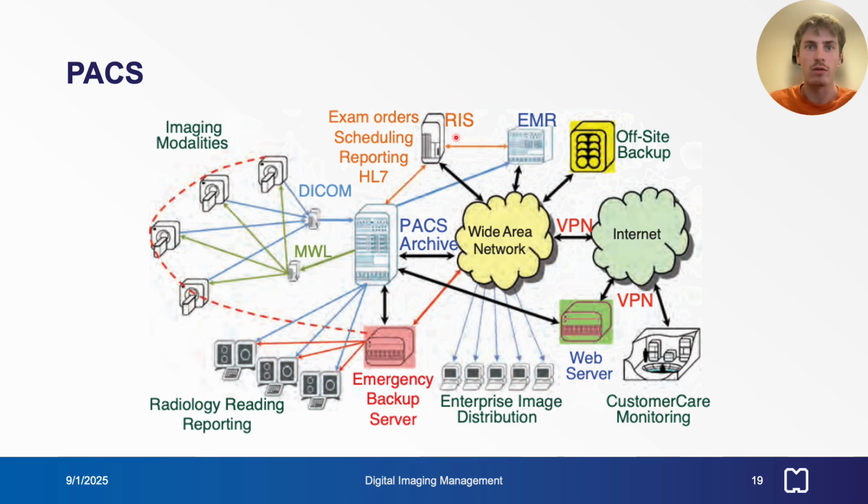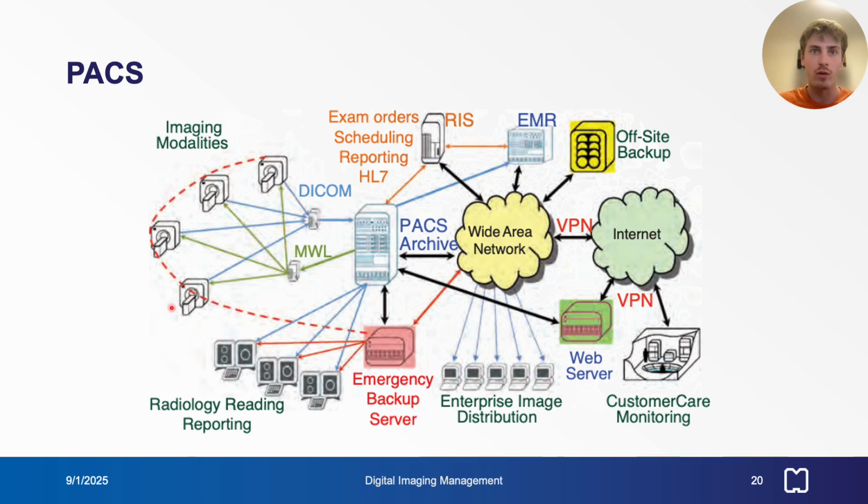The RIS, or Radiology Information System, provides the patient database for scheduling and reporting of image examinations through HL7, or Health Level 7, transactions, and provides modality work lists with patient demographic information to the modalities, which allows technologists to select patient-specific scheduled studies to ensure accuracy.